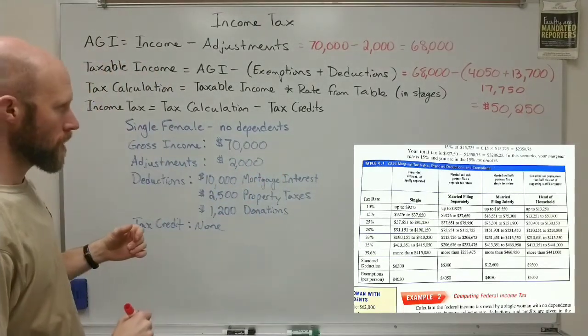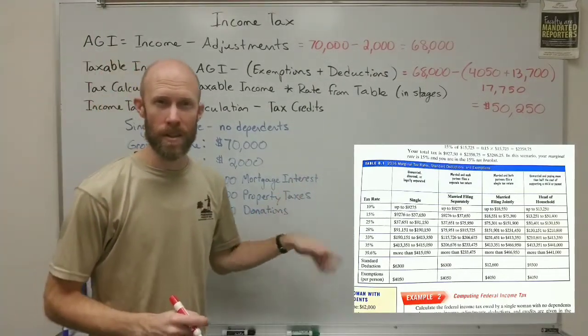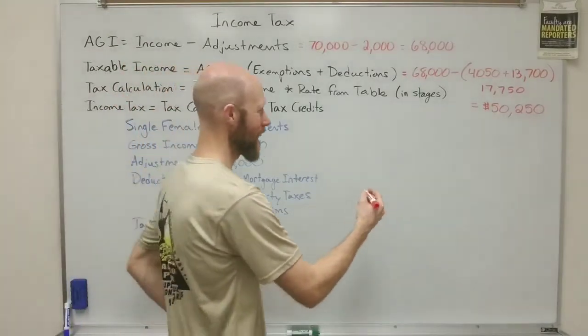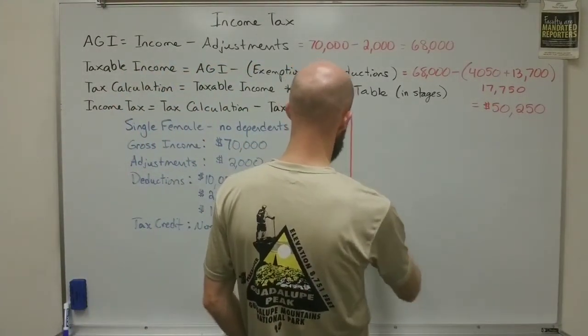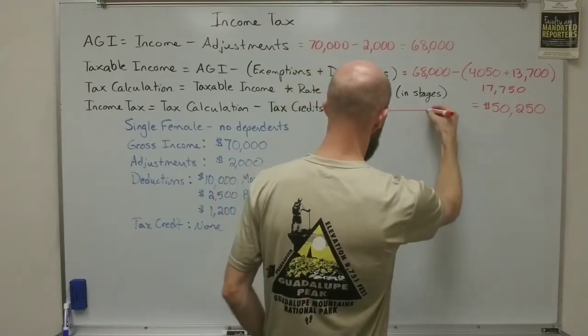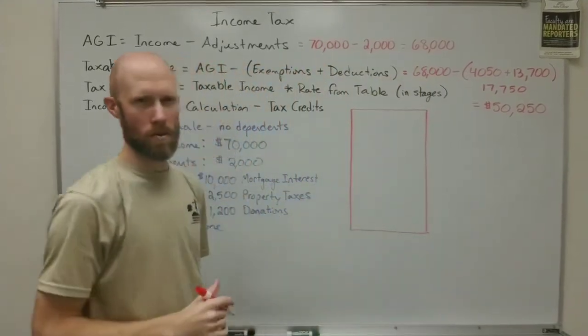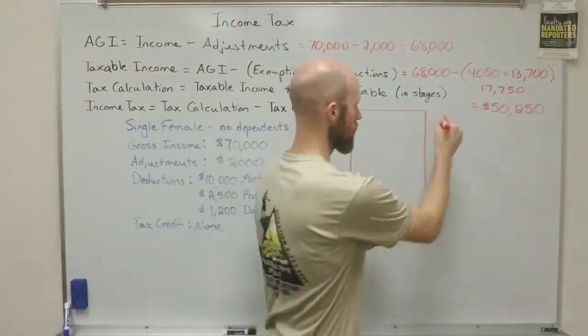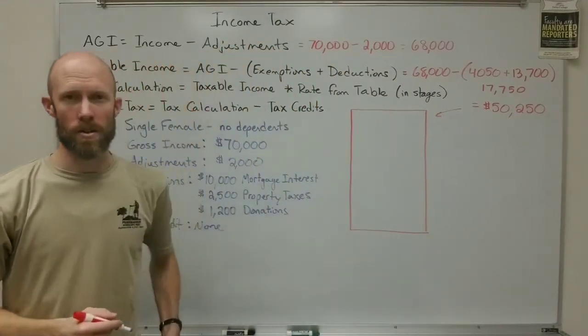I don't have a lot of space with the table showing over there, so maybe I'll take the table down. Now, what I'm going to do is picture this diagram. This rectangle here represents the total amount of $50,250.